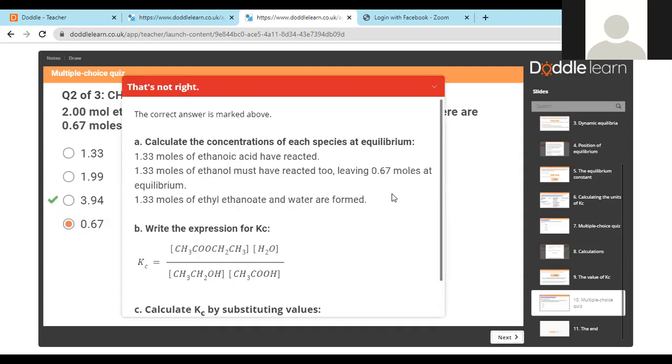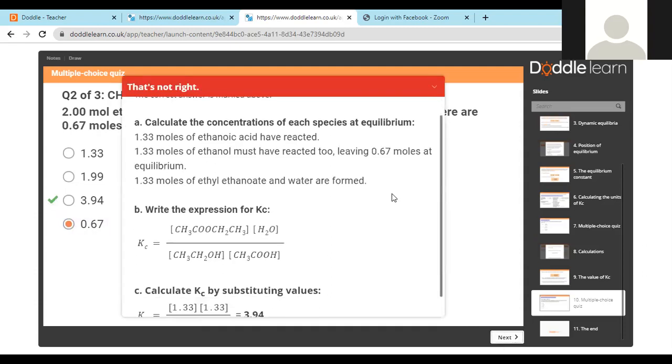Here we go. So what we need to do is calculate our concentrations. So 1.33 moles of ethanoic acid have reacted, and we know it's 1.33 moles because we had 2 moles at the beginning and now 0.67 moles, so we need to take that off.